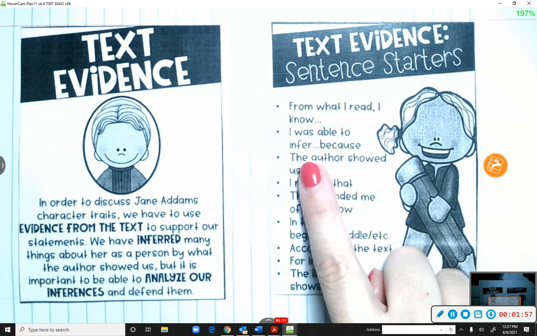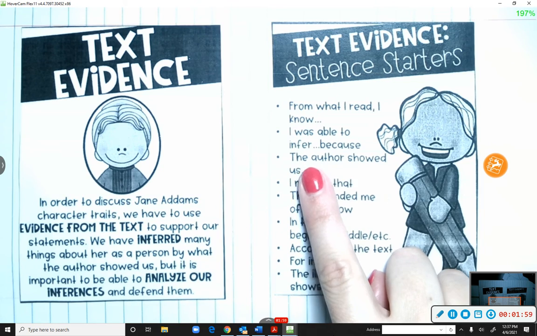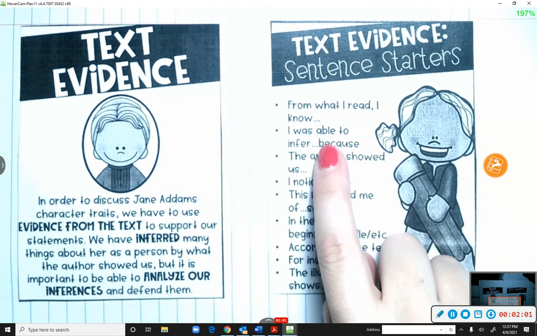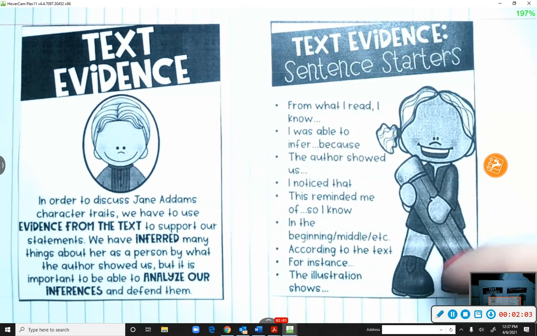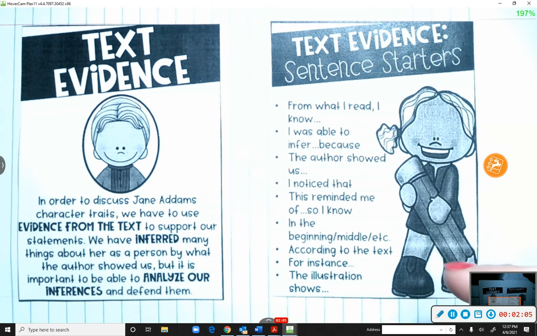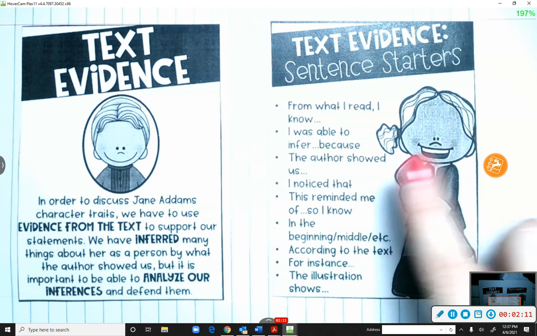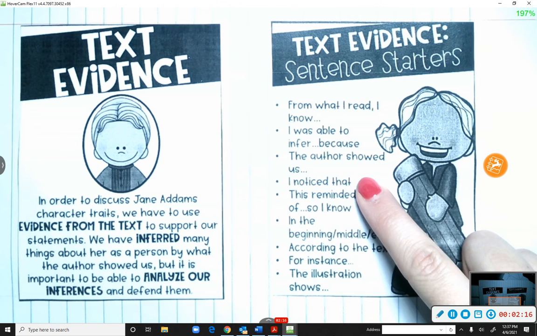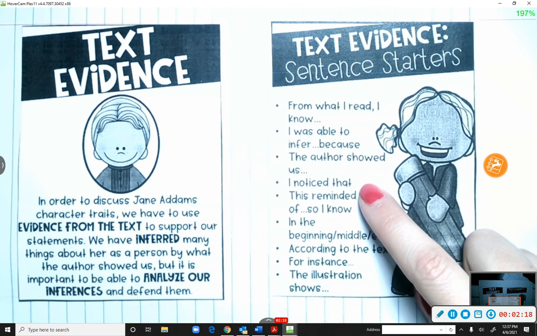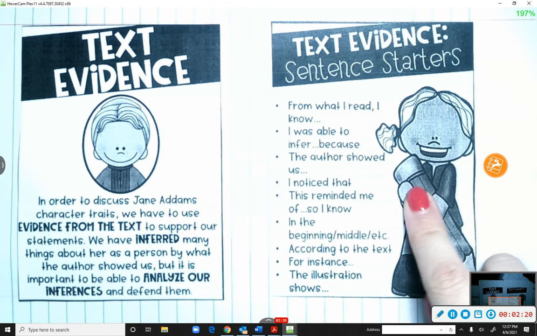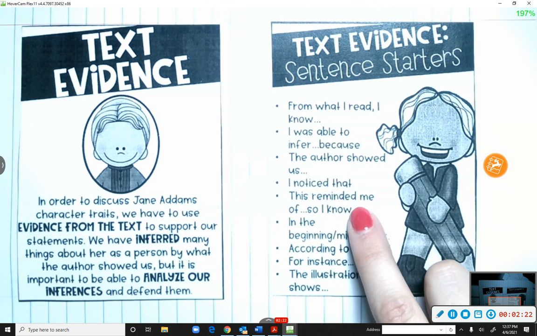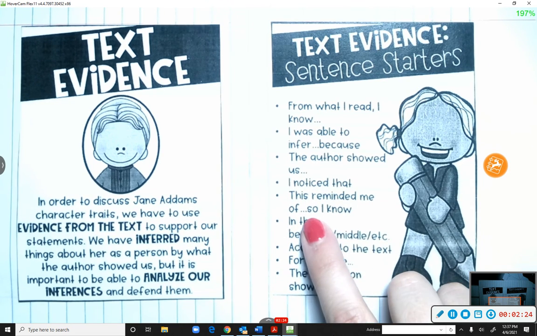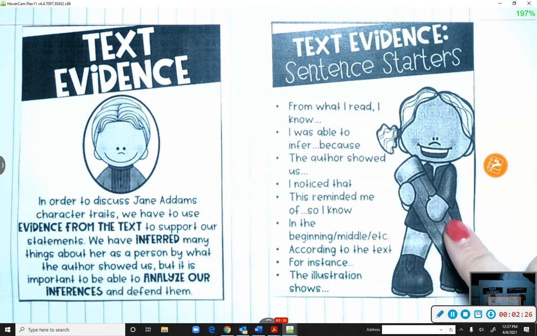I was able to infer that she was kind because she helped kids in need or people in need. The author showed us, and then give your example. I noticed that, and then finish that sentence. This reminded me of blank, so I know blank.